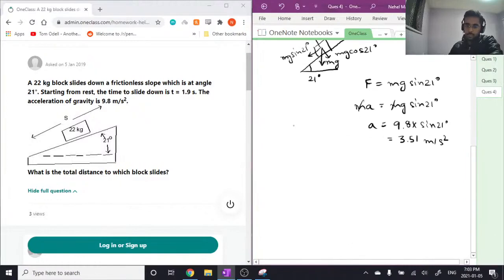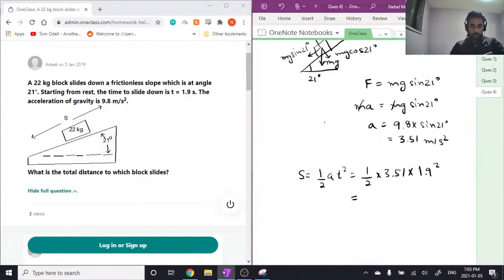If we plug that back into our equation, s equals half at squared, we get half times 3.51 times the time, which is 1.9 squared. Therefore, this becomes 3.51 times 1.9 squared times 0.5, which is 6.33 meters.